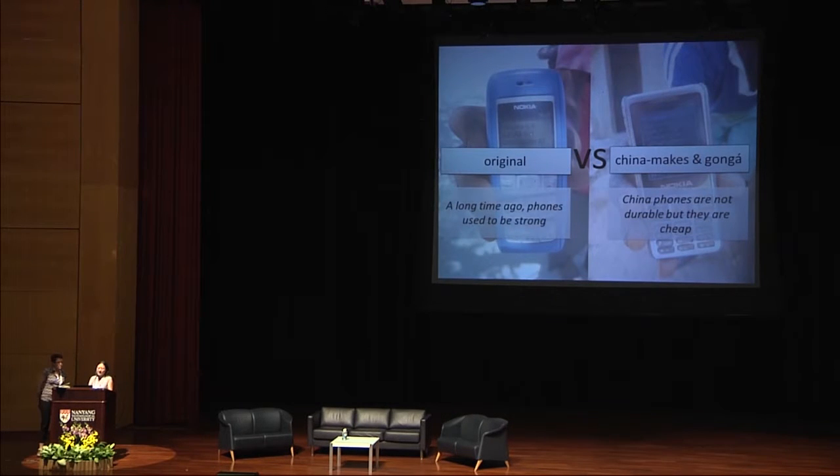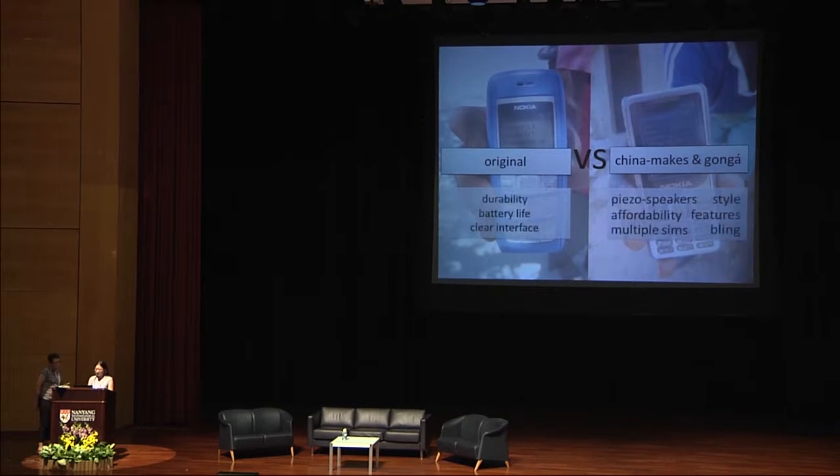So we find that these farmers are faced with a choice, and this choice is leading to fake phones over originals. By fake, I mean the phones that are made to look like the basic Nokia phone, maybe some of the feature phones, but they're made by Chinese companies at low cost. They tend to break easily, but they also have more features.